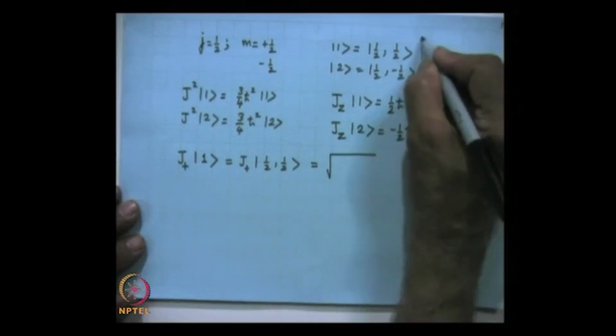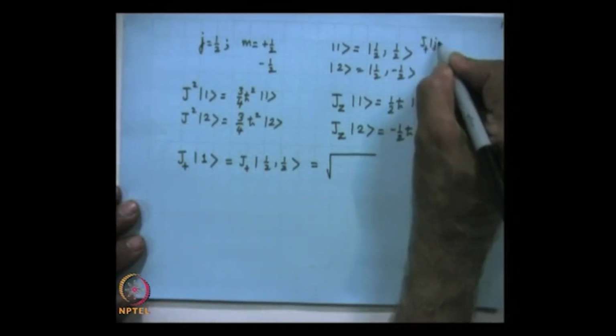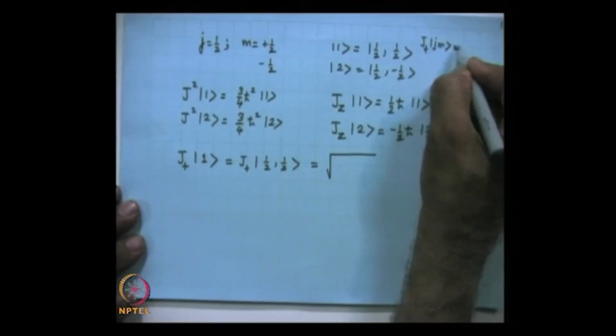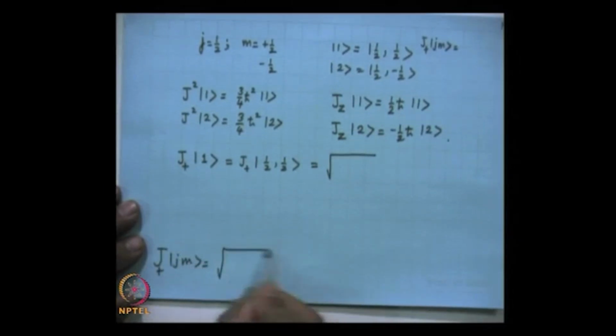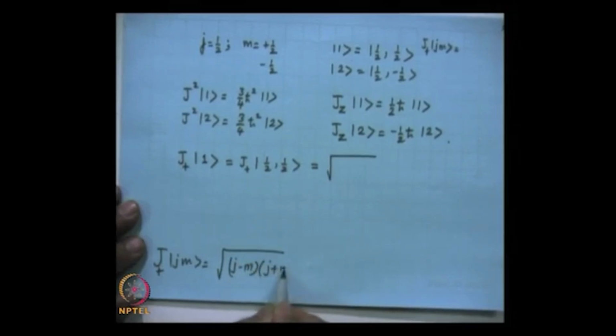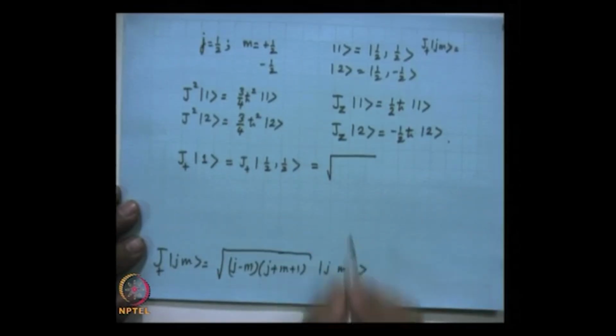So, you remember that J plus ket j m was, let me write it below, J plus ket j m was under root of (j minus m) into (j plus m plus 1), ket j, m plus 1. So, this is 0.